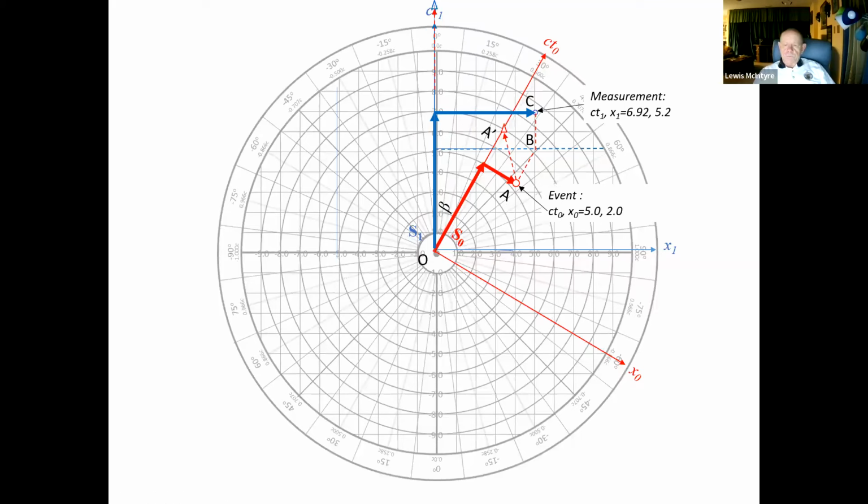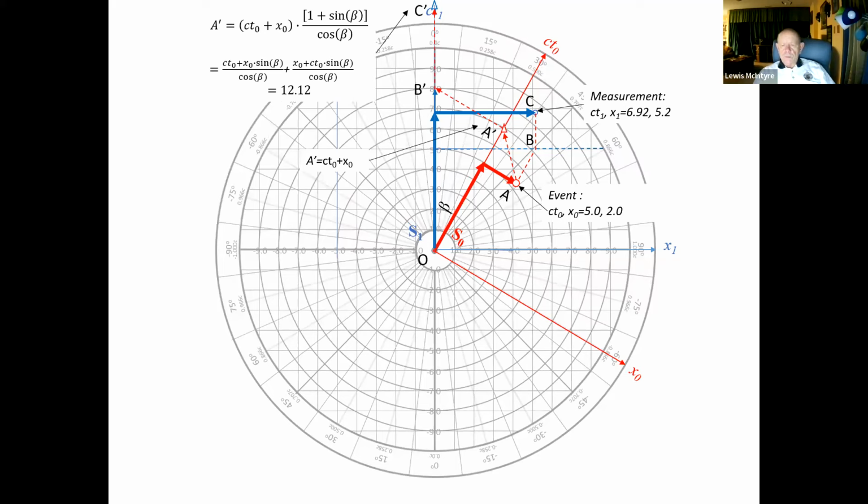Let's see how Doppler shift affects the communication of this measurement to S1. S0 cannot communicate the measurement of A until it observes that measurement at A prime equal to the sum of CT0 and X0. S0 then transmits that measurement to S1, Doppler shifted along the path A prime, B prime, C prime, to the time of S1's observation at C prime.